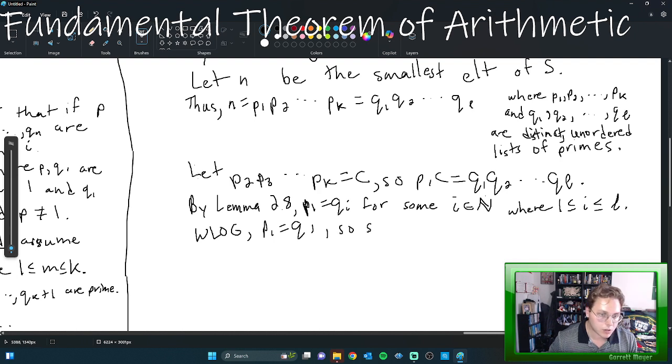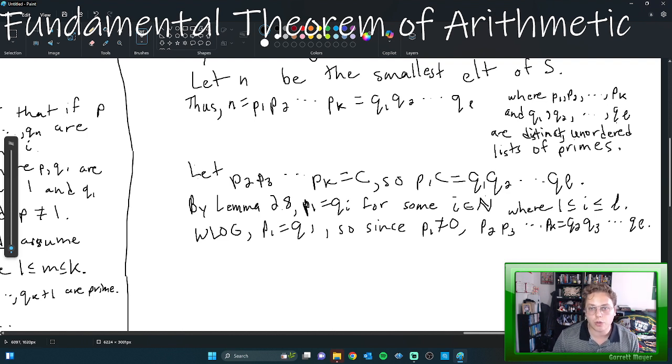So since p1 does not equal 0, as 0 is not a prime, p2, p3, through pk equals q2, q3, through ql. Now, one thing to note is that since these lists were distinct and p1 equals q1, q2 through ql must be distinct from p2 through pk.